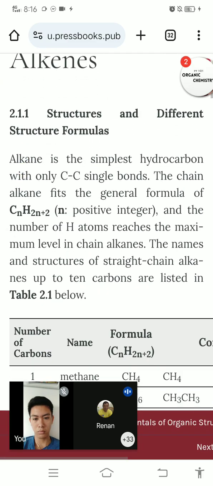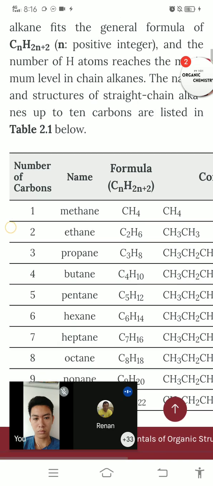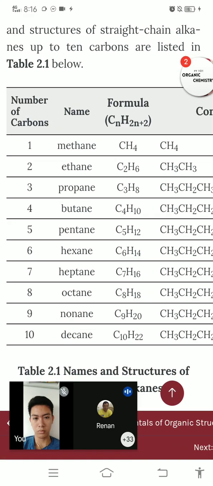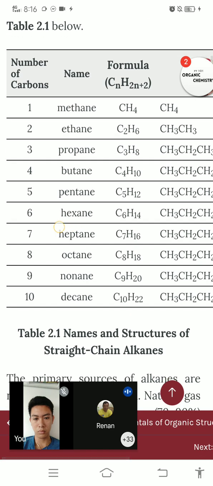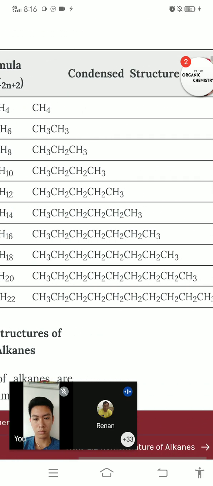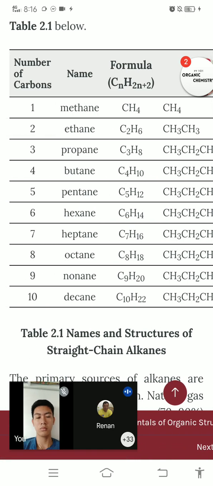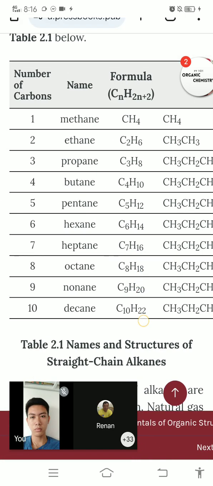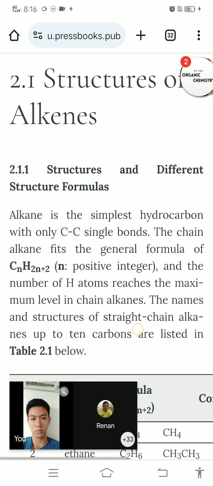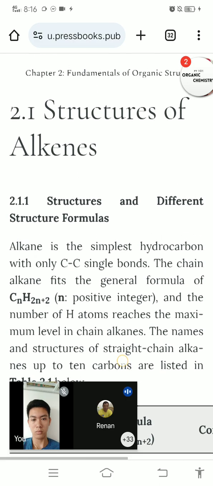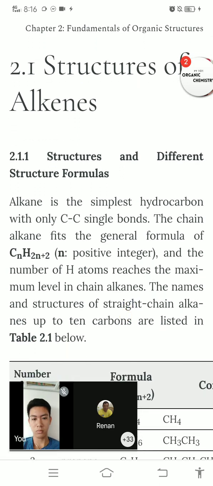All right, another one. Aside from the formula CnH2n for alkene, there is also another characteristic that makes it really different. At least, alkene has what? In terms of bonding. Alkene has at least 1 double bond. Tama ba ako?